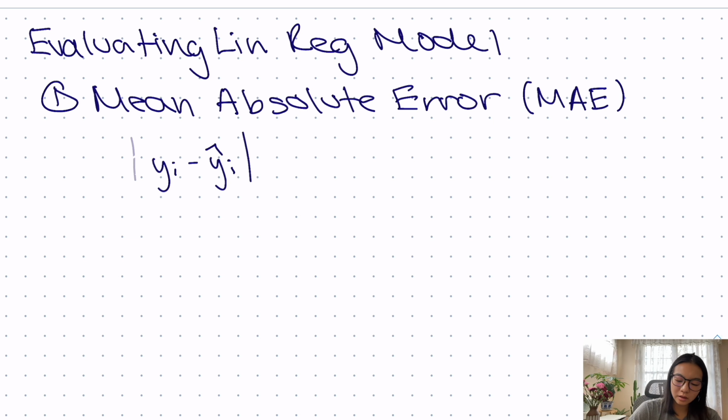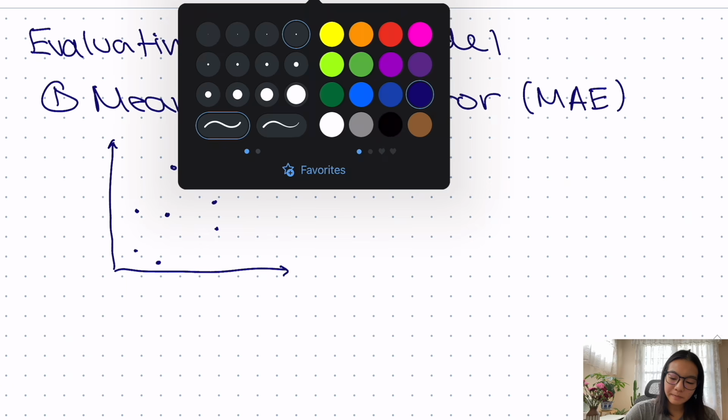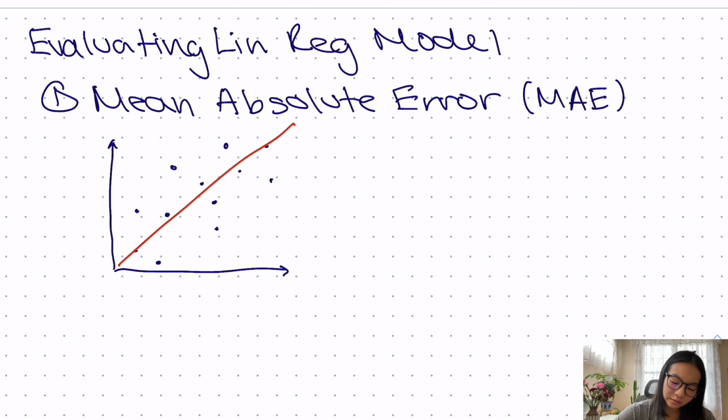Actually, let me redraw a plot down here. So suppose I have a data set that looks like this, and here are all of my data points. And now let's say my line looks something like that.